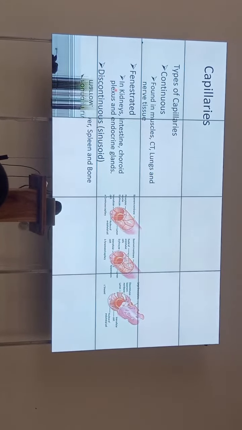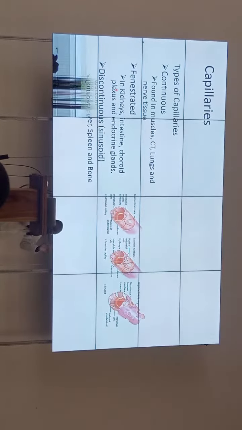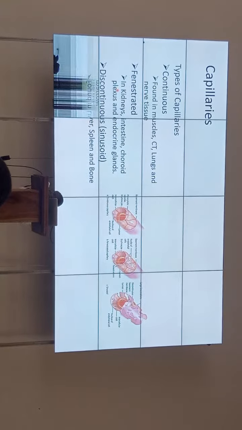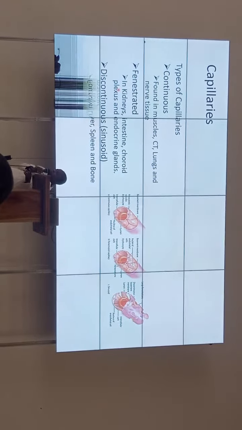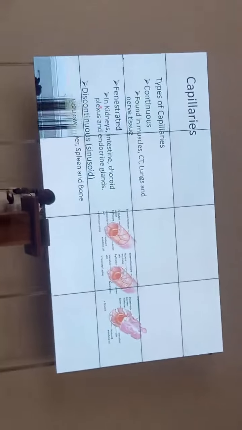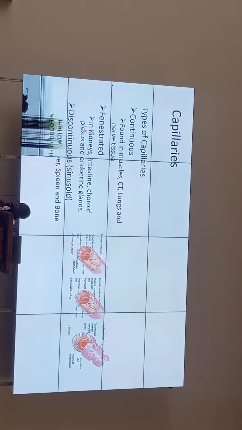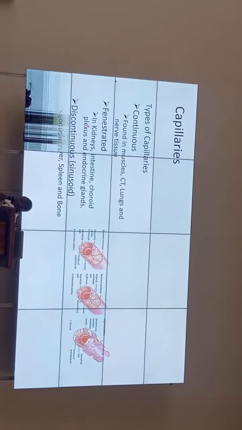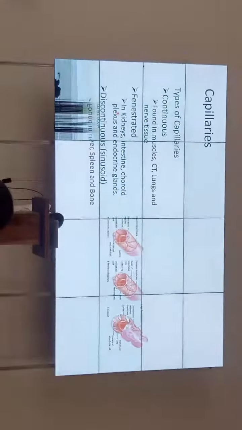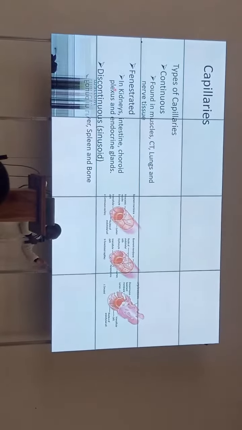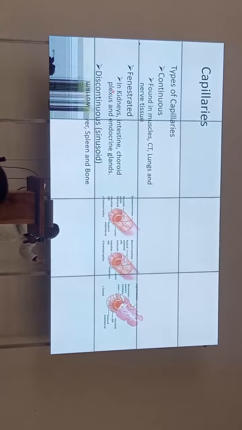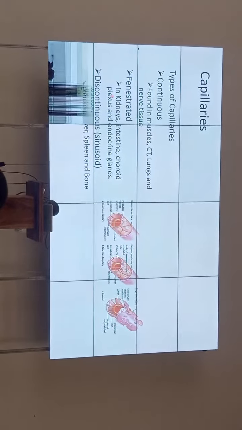We are talking about organs that are involved in filtration. So which organ is involved in filtration? Yes, so the kidneys have fenestrated capillaries. The choroid plexus in the brain, where blood is filtered to make cerebrospinal fluid, has fenestrated capillaries.